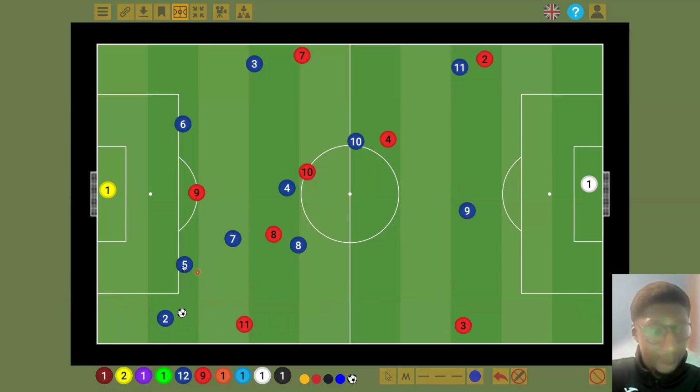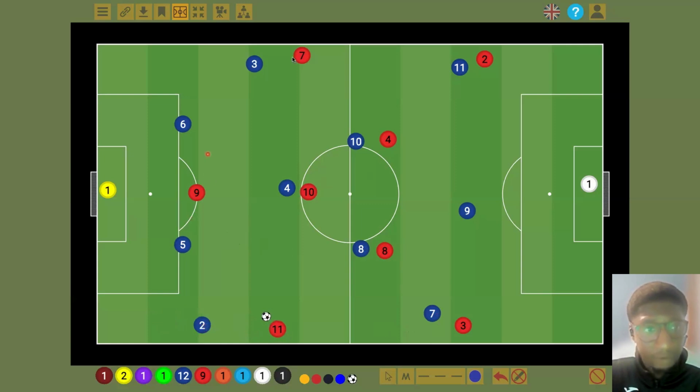Cool. So I think in terms of the different explanations that I showed you on the presentation, I'm sure I've showed you different ways in regards to how a fullback, right back or left back can play. Like I said, it's about getting yourself in 2v1 situations.